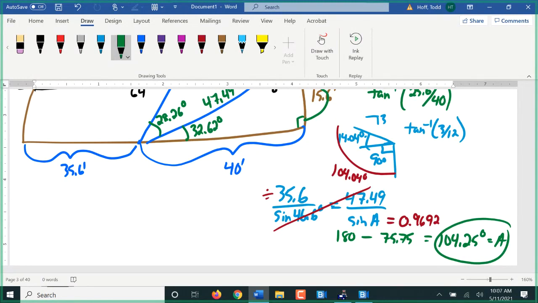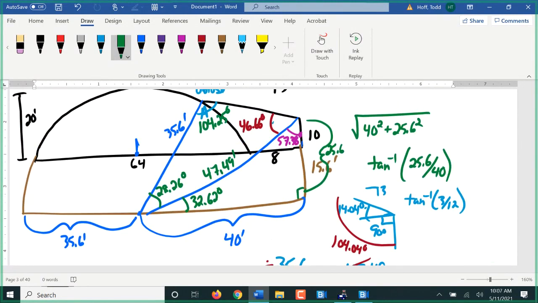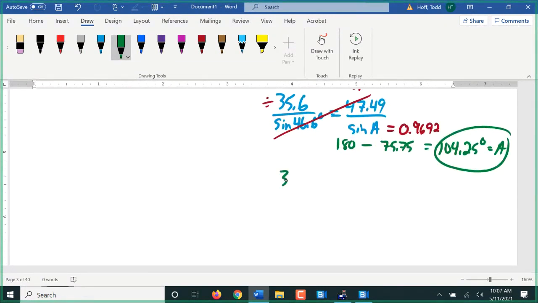So we now have every piece. Oh, we should find this part up here. I'll call this piece Y up there of that triangle. So it's going to be the 35.6 over the sine of 46.6 degrees equals Y, that missing side, over the sine of my 28.26 degrees.